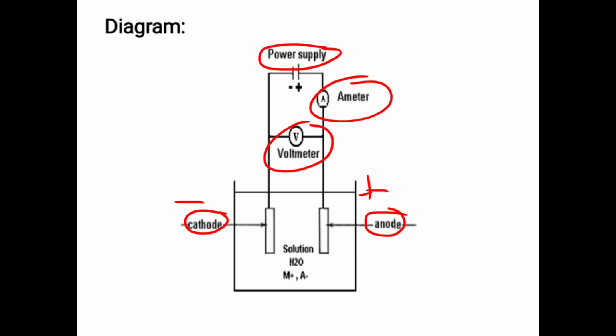And the cathode is our main electrode on which deposition is going to take place. We call the cathode our substrate, and the anode is our helping electrode which helps this process to proceed, and we call it the counter electrode. And we have taken here an electrolyte, which is according to the desired metal.